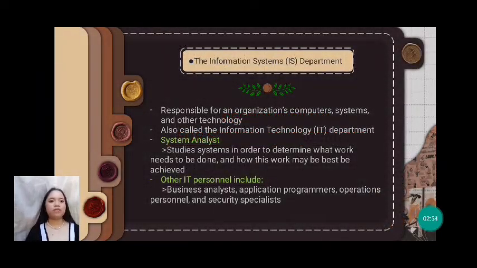Here is the Information Systems or IS department. The Information Systems department is responsible for an organization's computers, systems, and other technology, also called the Information Technology or IT department, which is the name of our department or our course, Information Technology.